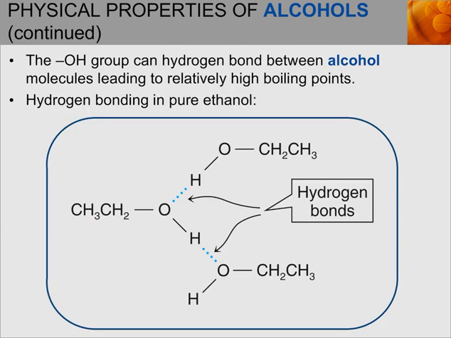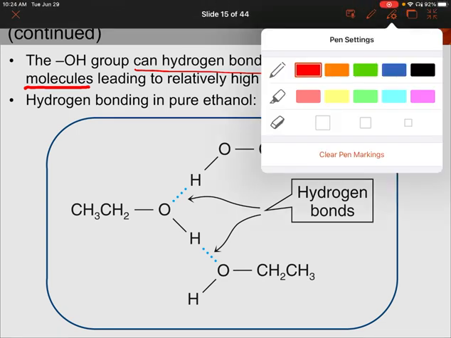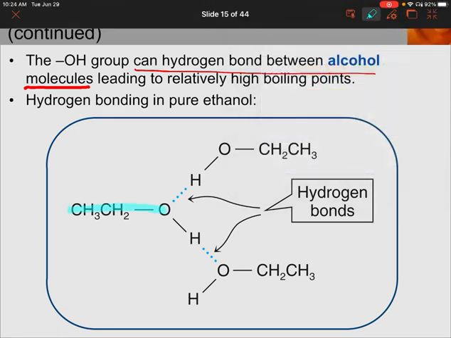Okay. Now, additionally, because of those OH groups that can hydrogen bond between alcohol molecules, we're actually going to see a really high increase in boiling point. So let's completely forget about water, and let's just say we have a sample of pure alcohol. So down below, we've got ethanol molecules, and that's all we have in solution.